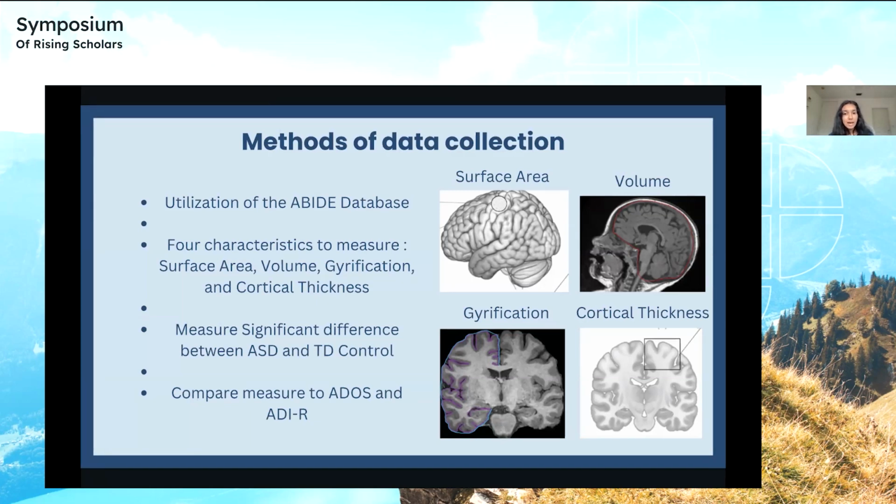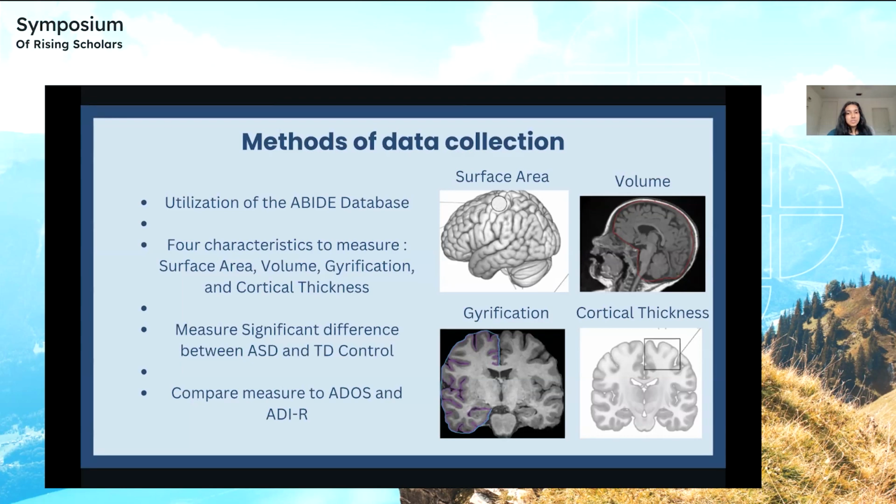So to go further in depth, we decided it would be best to study specific locations in order to analyze quantitative differences in surface area, volume, gyrification, and cortical thickness to see where exactly the changes are in order to decide if those areas are heavily impacted. So by conducting a t-test in order to distinguish which areas vary the most between ASD and typical development, we were able to find the top three regions of the brain that presented to be the most different.